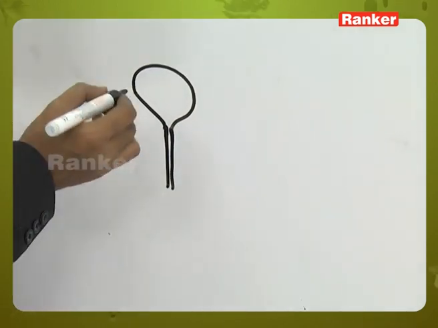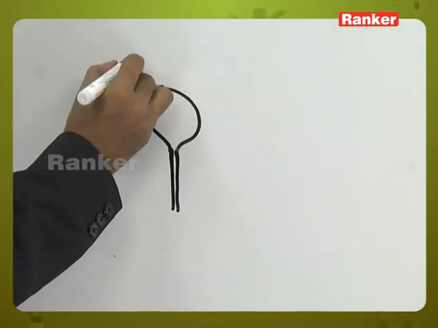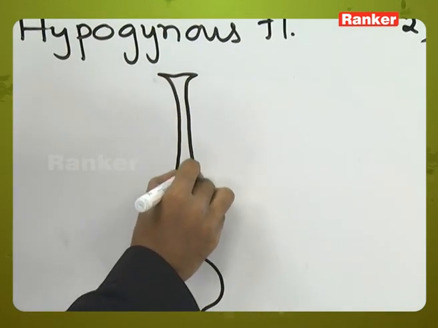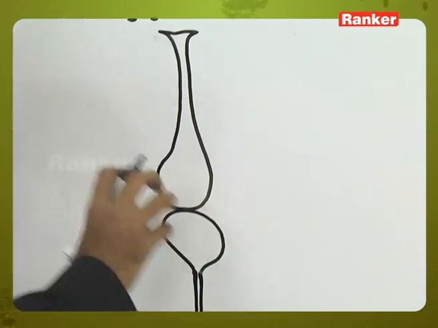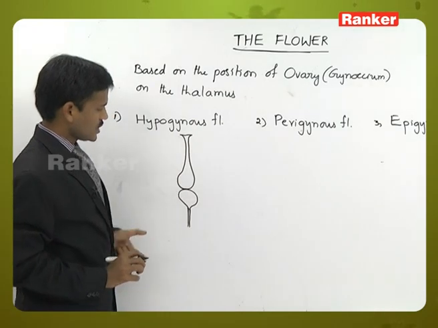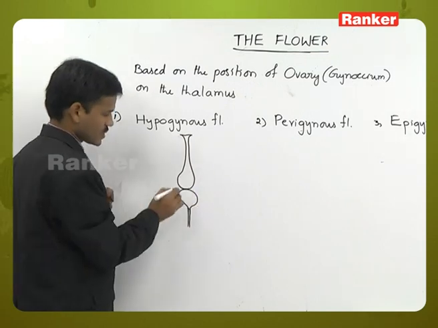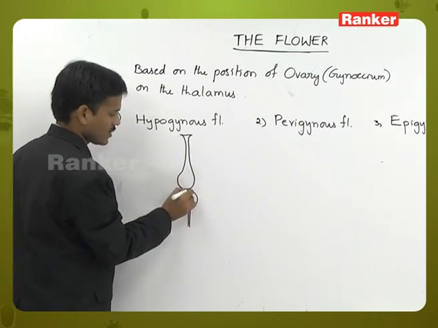So on this thalamus, the ovary or gynoecium is on the top of the thalamus. Here the gynoecium is arranged, and below this the remaining floral parts are arranged below the gynoecium.